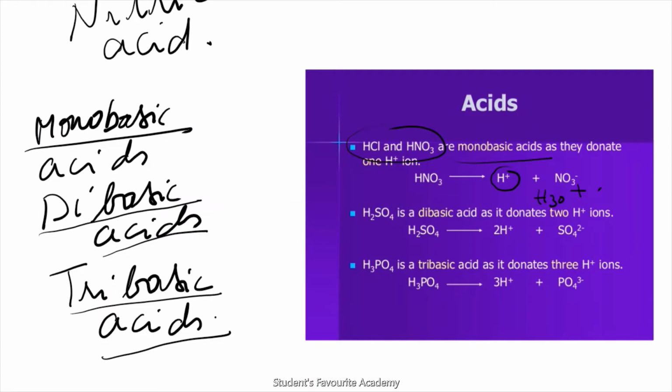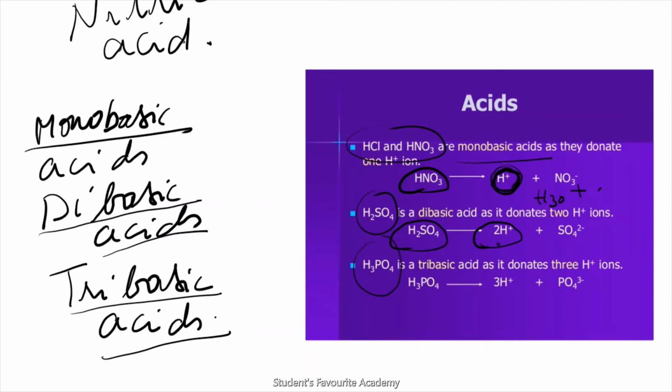In simpler terms, it is the number of H+ ions produced per molecule of the acid. Similarly, sulfuric acid per molecule produces two hydrogen ions. So these two hydrogen ions get attached to two water molecules and produce two hydronium ions. So therefore sulfuric acid is a dibasic acid.